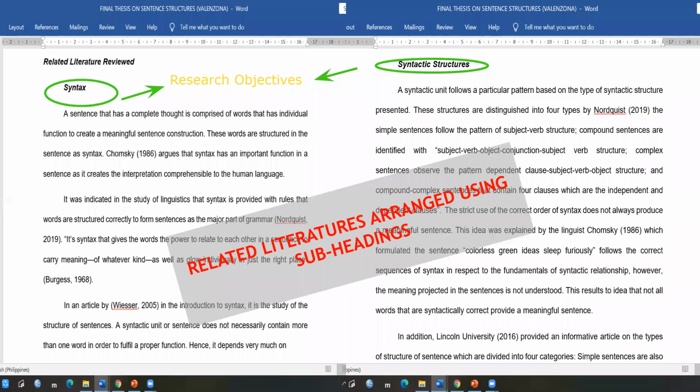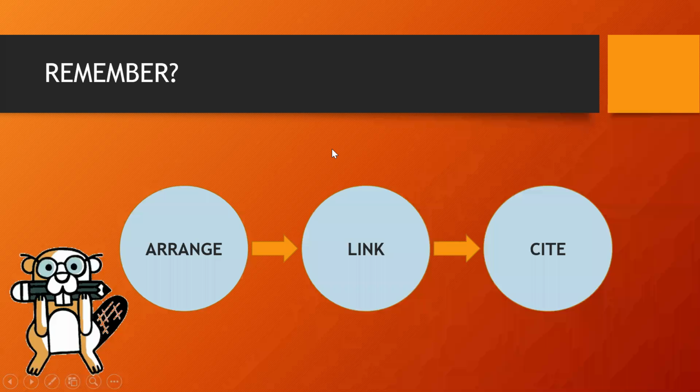You need to arrange, link, and cite. In addition, guys, so that your output does not get confusing, you need to arrange it this way.